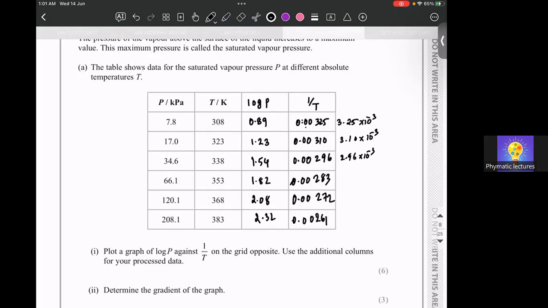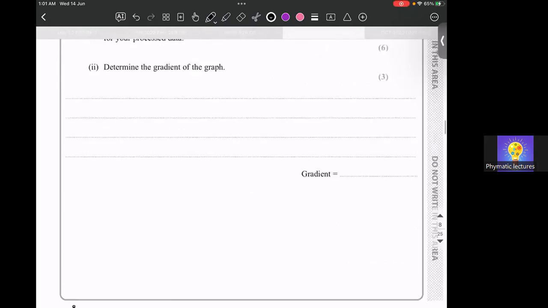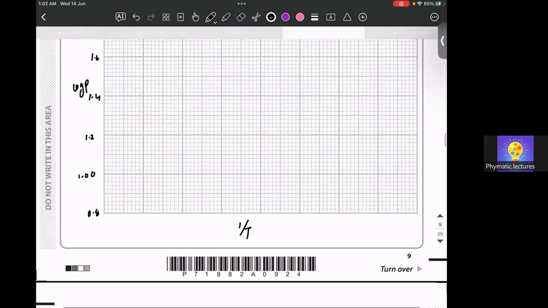This is 2.96 into 10 to the power of minus 3. 2.83 into 10 to the power of minus 3. 2.72 into 10 to the power of minus 3. 2.61 into 10 to the power of minus 3. So what I'm trying to do is start from 2.6, 2.7, 2.8, 2.9, 3, 3.1, 3.2, 3.3. Okay. So this value is in 10 to the power of minus 3 Kelvin raised to minus 1.